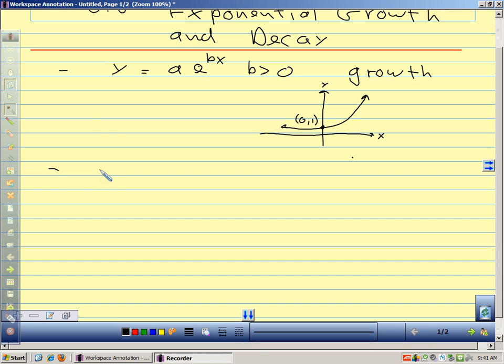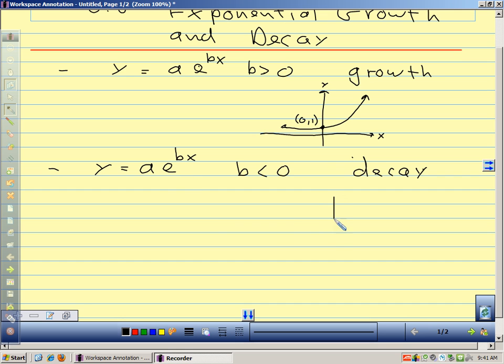Our second one is the same form. Our decay model: y equals a e to the bx, where b is less than 0. And this is decay. So our exponent is going to be negative.